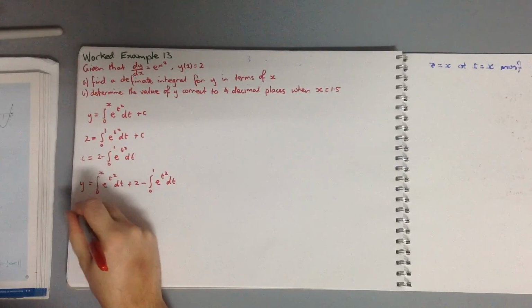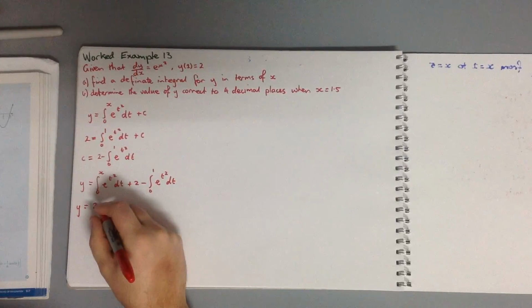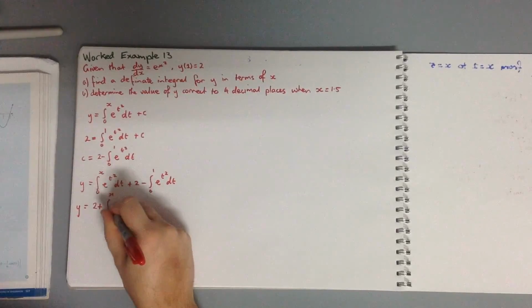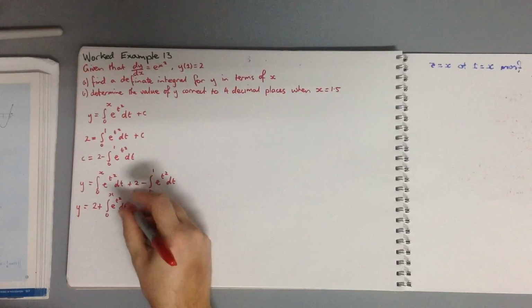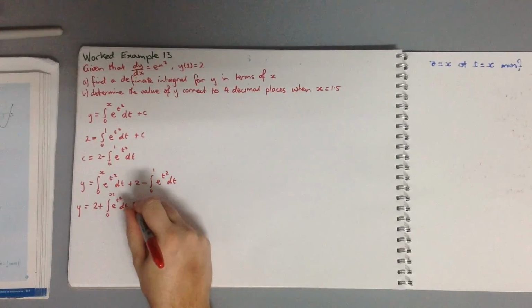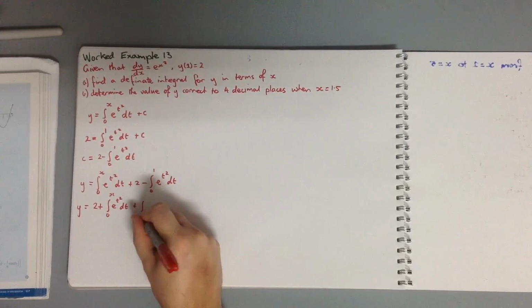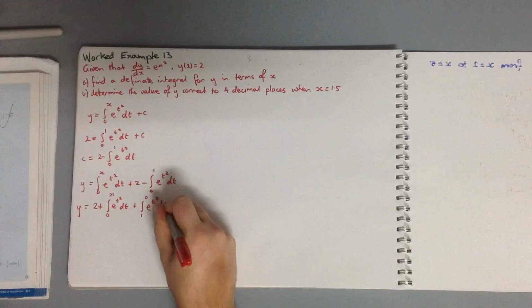We can just rearrange that a little bit and say that it's 2 plus our integral from 0 to x of e to the t squared dt, and we can make this plus instead, from integral from 1 to 0 of e to the t squared dt.